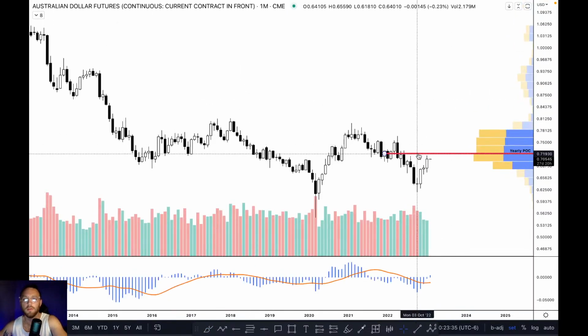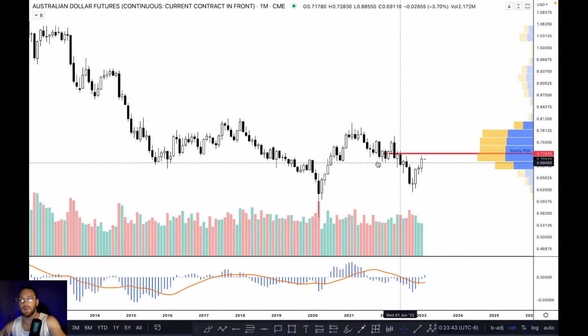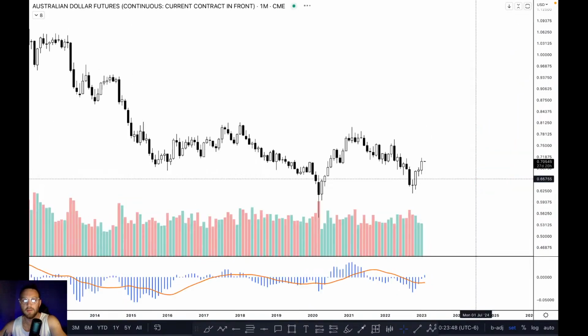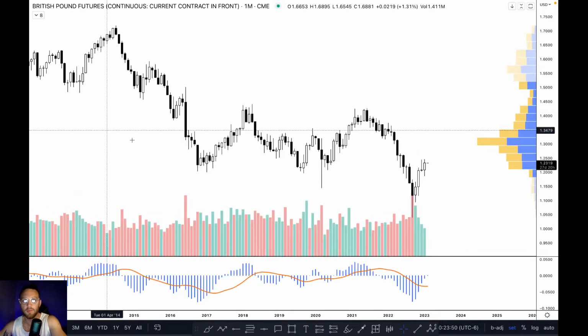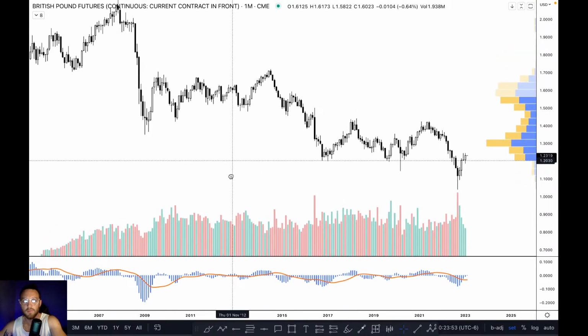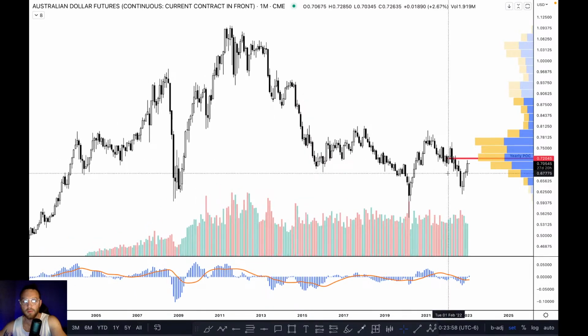The Aussie, and you can see the difference in these things, with the Aussie being kind of less weak, I would say. Let's look at it like this. You can see how the pound is more of a downtrend, and then the Aussie is more sideways.